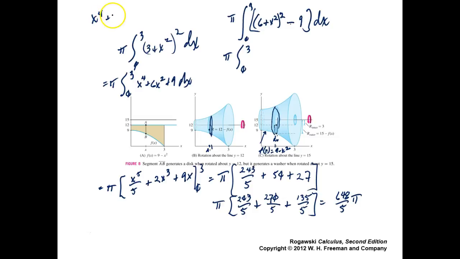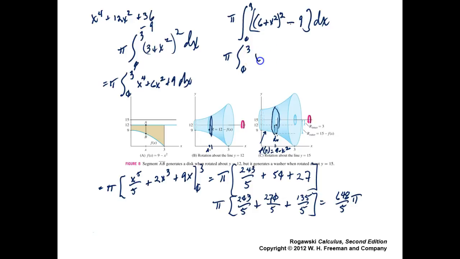Plus 12x squared. Plus what? 36. And then you're going to subtract 9 from that, and that would leave you 27. Okay, so that's what we're integrating here.